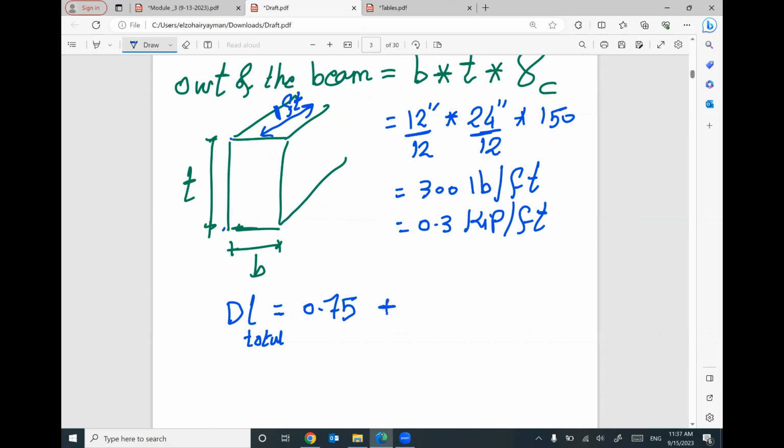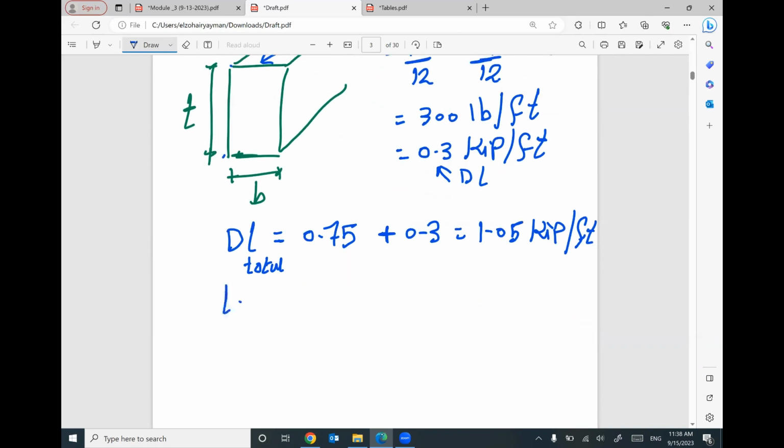I need to add 0.3, which is the own weight of the beam, because your own weight is considered dead load also. So 0.75 plus 0.3, the value will be 1.05 kip per foot. And your live load will stay the same, no change in this live load, 1.1 kip per foot.